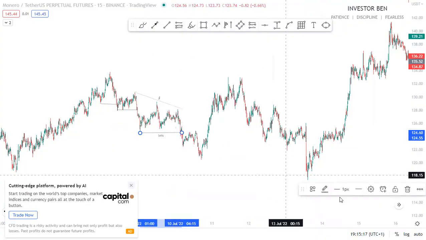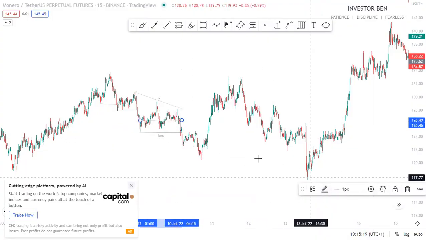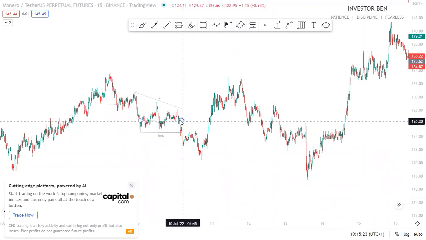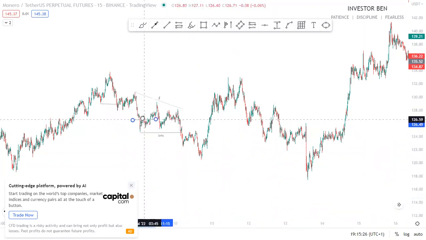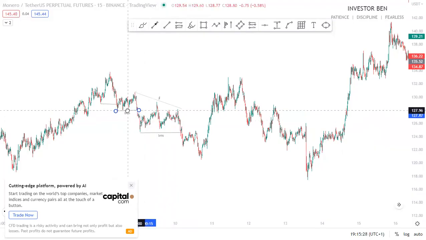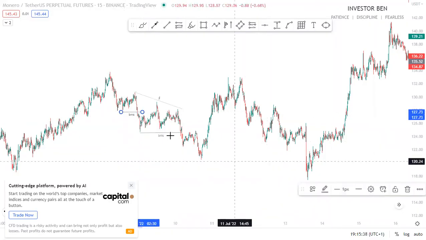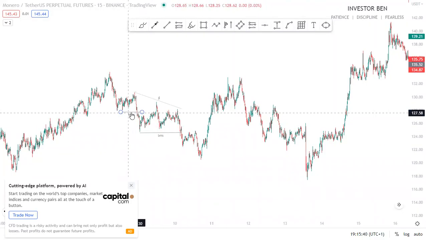So let me clone that. That is your BMS and same as this, right? So when you see them, you can't see them.